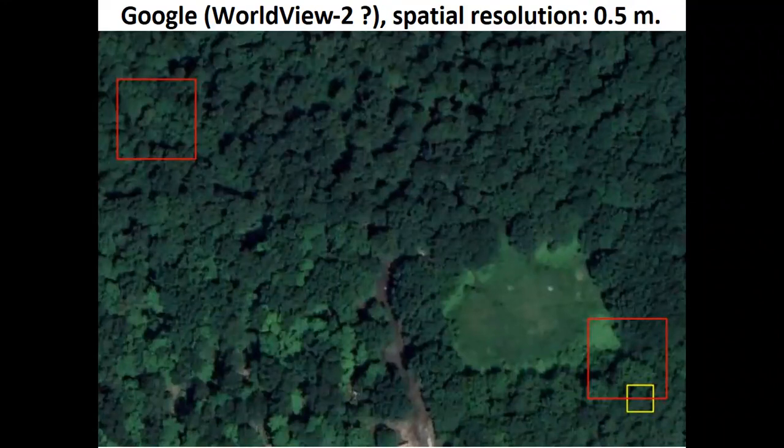And you could see really detailed images, not only a single tree, but also every big enough branch of every tree. But the red squares here are the projection of a Landsat satellite pixel, 30 by 30 meters. So the spatial resolution for the Landsat satellite is not so high.